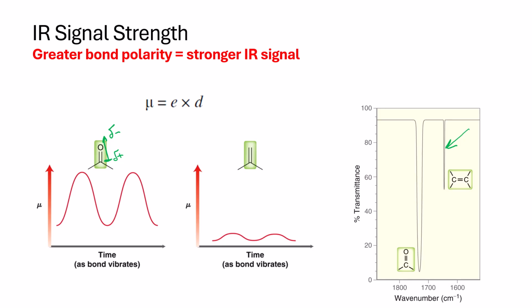You can also visualize this using resonance. If you have a ketone, you can draw a resonance structure in which you will have a negative oxygen and a formal positive on the carbon. That changes the vibration and makes the band more intense, because of the oscillation in the dipole moment. That's an important thing to remember, because they show up in the same region.